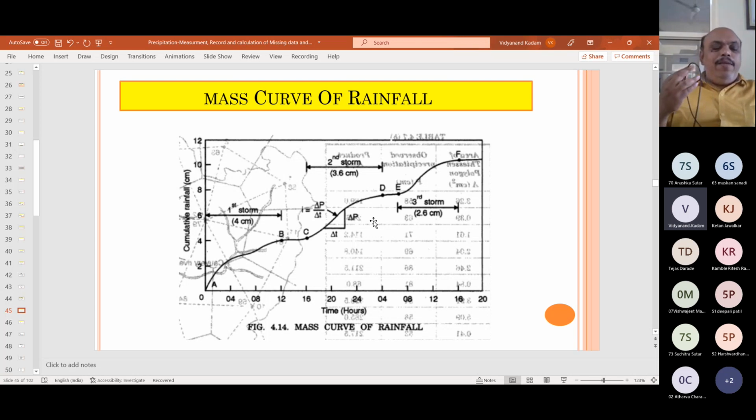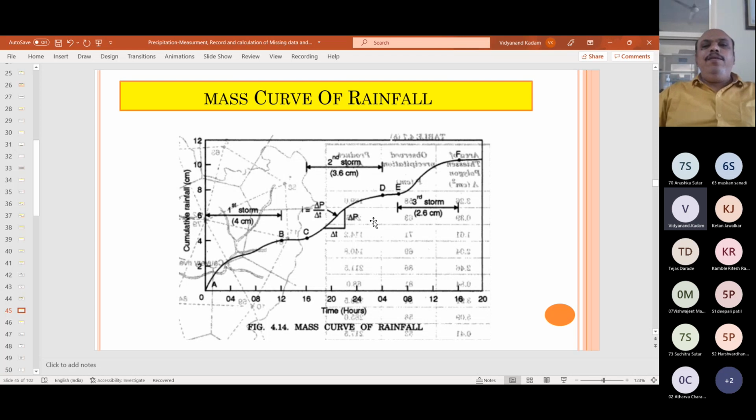In this mechanism, there is a graph paper, and the marks on the graph paper are with reference to time and with reference to the rainfall value at that rain gauge station.